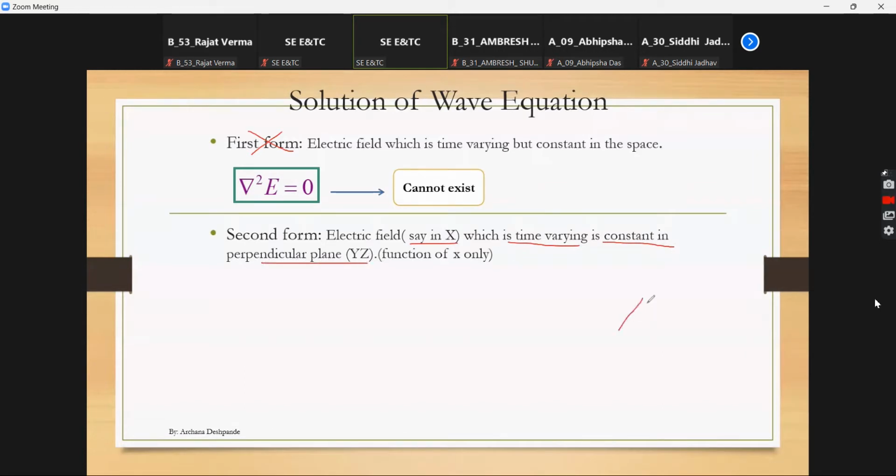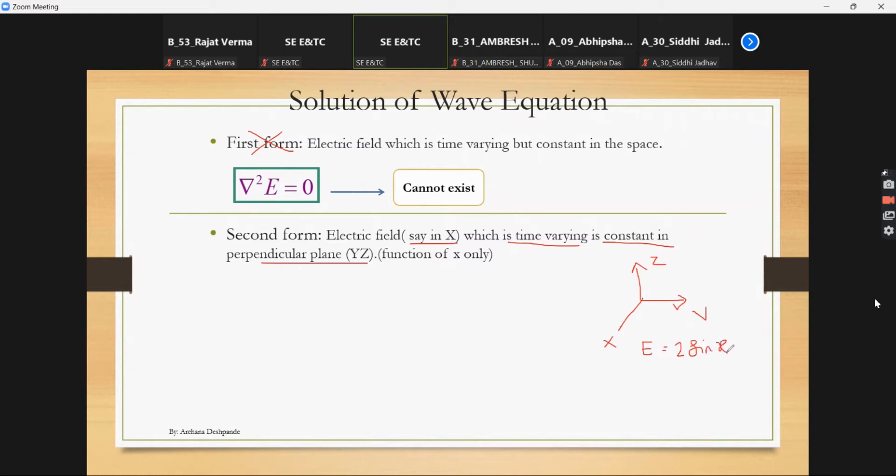So you know the yz plane, this is x, y, z. This is z, this is x, and this is y. So we assume that this electric field is varying with respect to time and it is constant in the yz plane. So the expression of the electric field is going to be a function of x. So it may be 2 sin x.